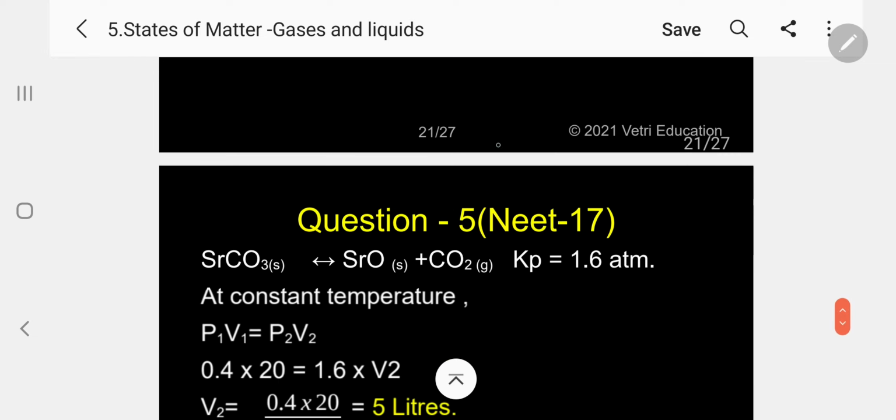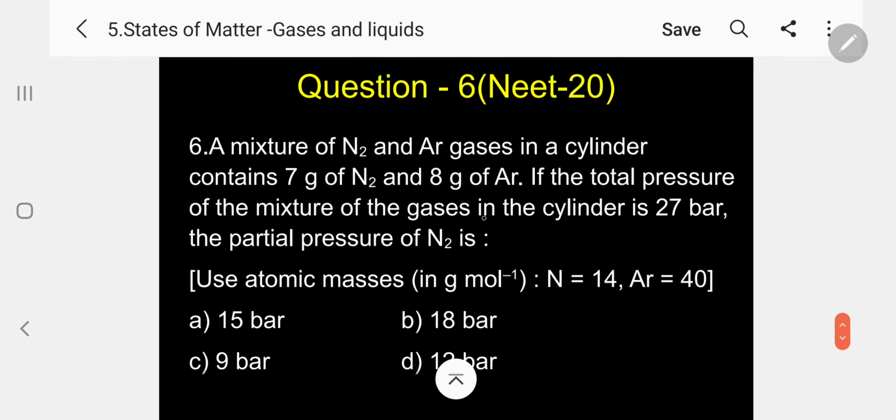So now I will go for the next question. Question 6. A mixture of nitrogen and argon gases in a cylinder contains 7 grams of nitrogen and 8 grams of argon. If the total pressure of the mixture of the gases in the cylinder is 27 bar, the partial pressure of nitrogen is.